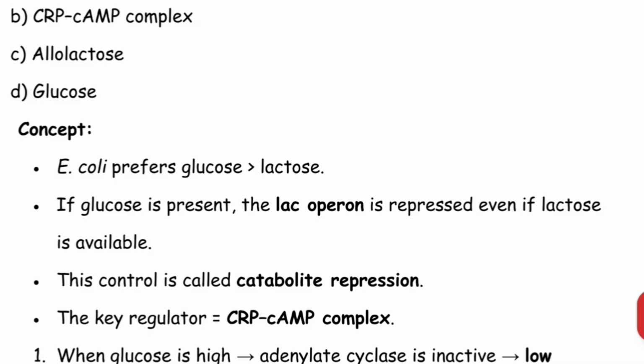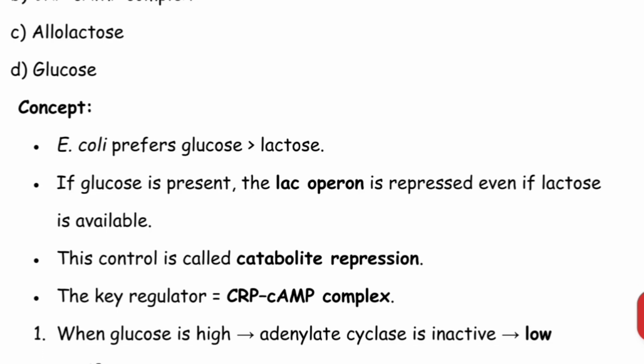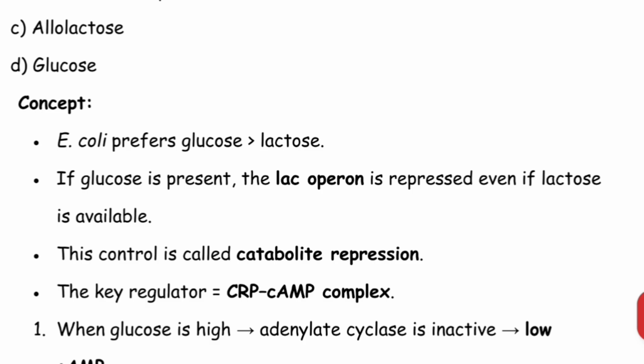When glucose is present, the lac operon is repressed, even if lactose is available, because the cell now has a simple sugar which can be easily utilized. This control mechanism, where glucose represses the lac operon, is called catabolite repression.